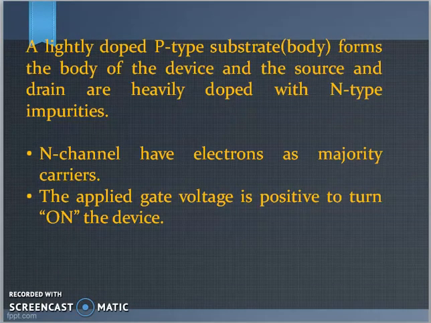A lightly doped P type substrate body forms the body of the device, and the source and drain are heavily doped with N type impurities. N channel have electrons as majority carriers. The applied gate voltage is positive to turn on the MOSFET.